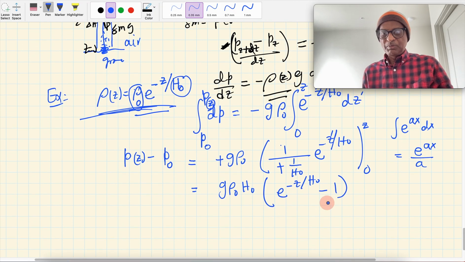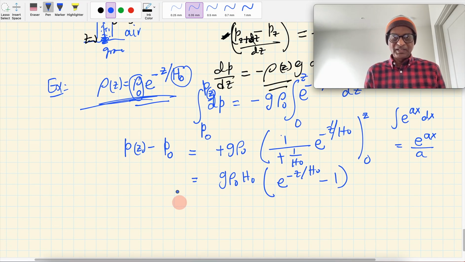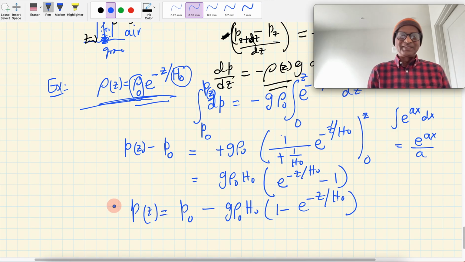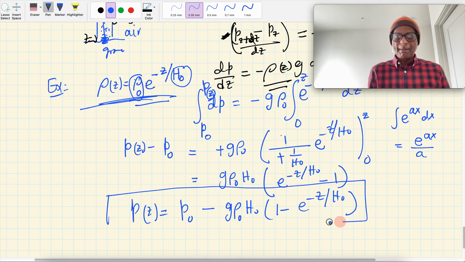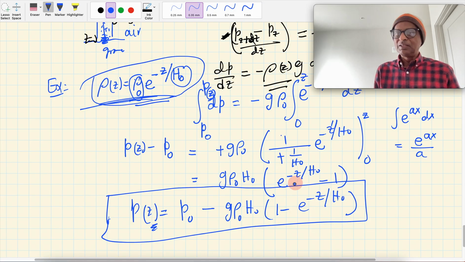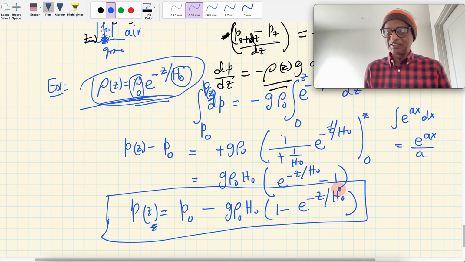So you should write it: P of z is P of 0 minus this thing, g rho 0 h0 times 1 minus e to the minus z over h0. So that's going to be the answer for atmospheric pressure at that height if the atmospheric density of air varies with that model. Maybe with another model, it will be a little different expression.